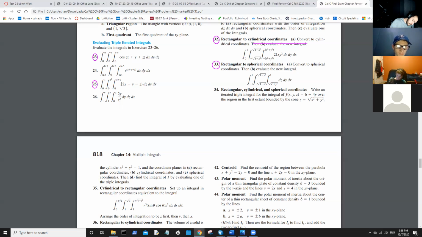Oh, ew. This is so much longer than it has to be. So much integrating.